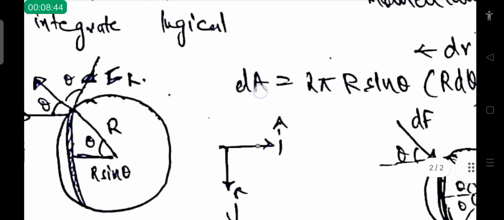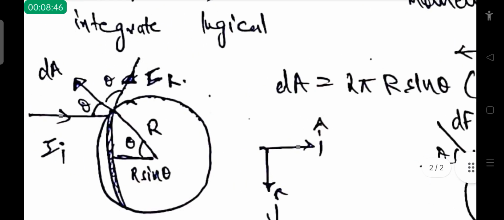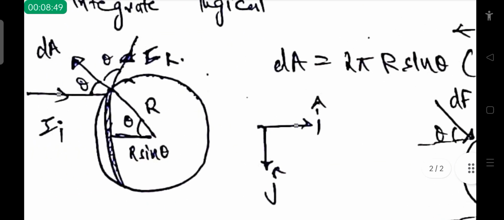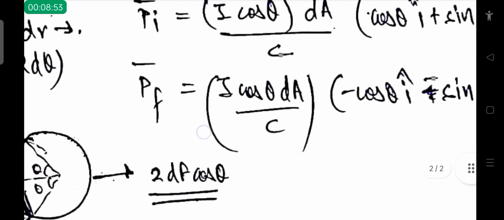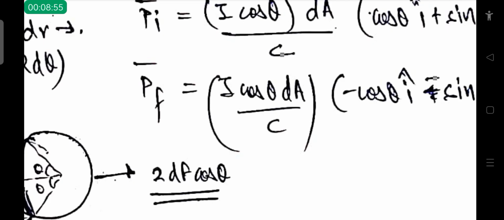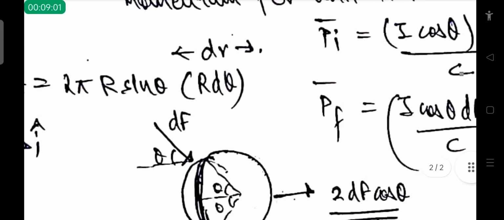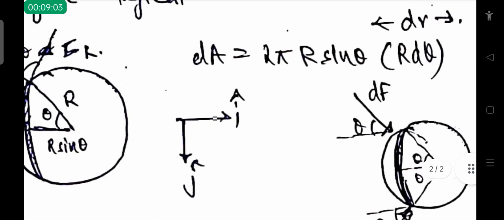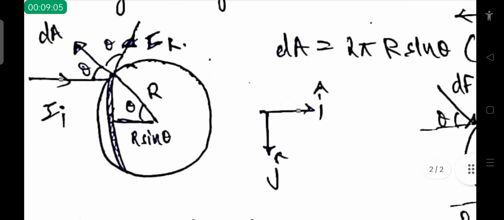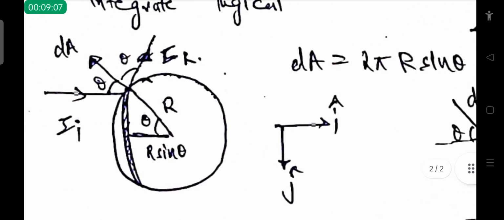Now if we write the final momentum of the light, again we'll take the projection along the dA vector, which is I cos theta into the area dA by c, and now we will resolve this momentum into this coordinate system again. This will be outward, away from the center.